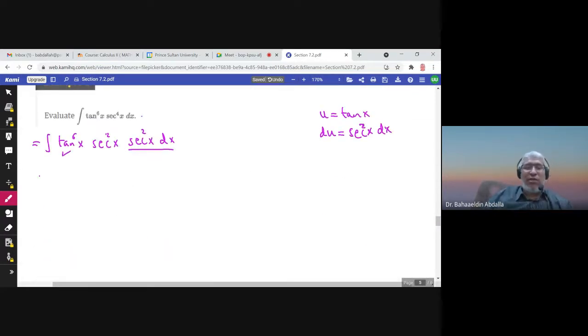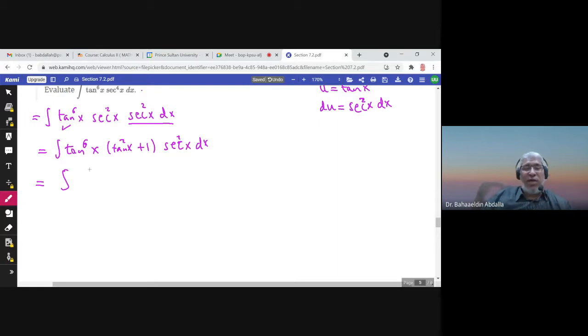So I write the integral of tan to the power 6 times tan square plus 1, and this secant square, I keep it with the dx. So now I can change to u. I can take u as tan x. So I have here u to the power 6 and here u to the power 2. And secant square x dx would be du.